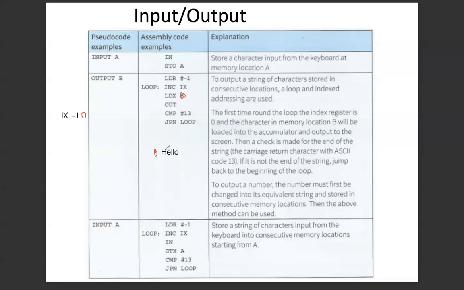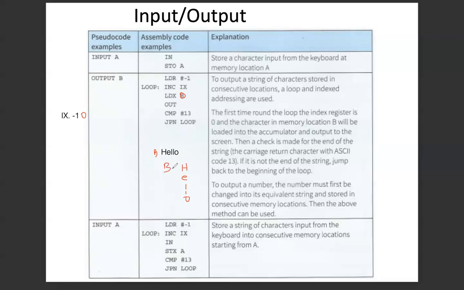So I am loading using index addressing. If you go to B, these are the consecutive positions. The first position has H in it, then the next addresses have E, L, L, O, and the starting position is B, like so.